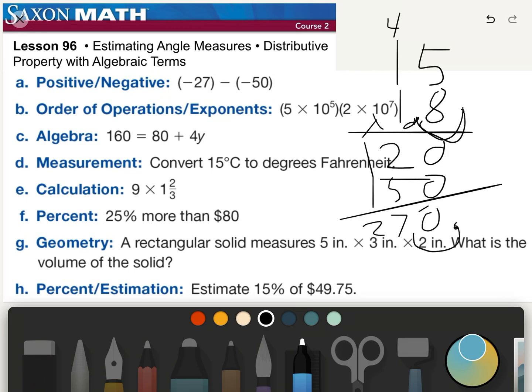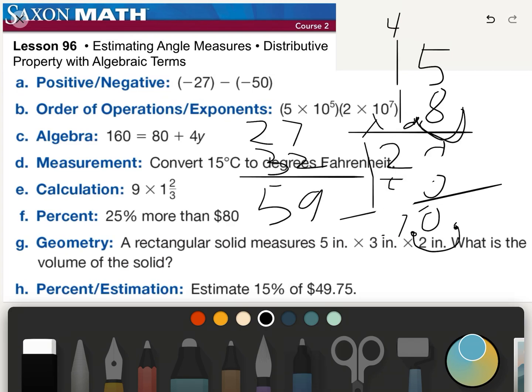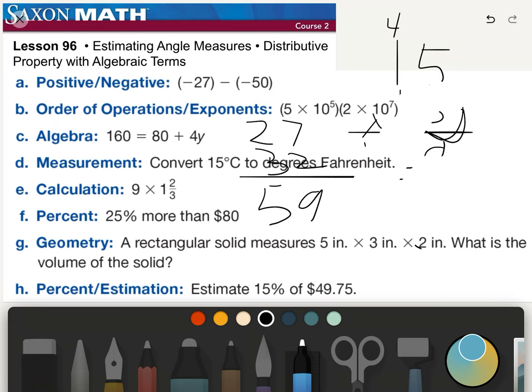So we take this decimal, boingy. 27 plus 32. Get my chicken scratchings out of the way there. Gets us 59 degrees Fahrenheit.